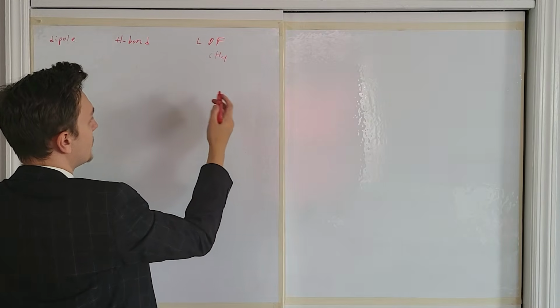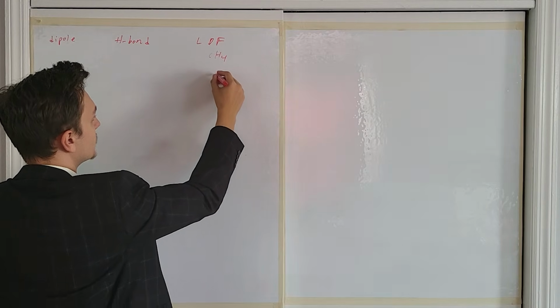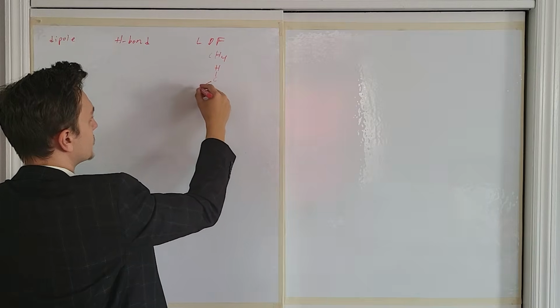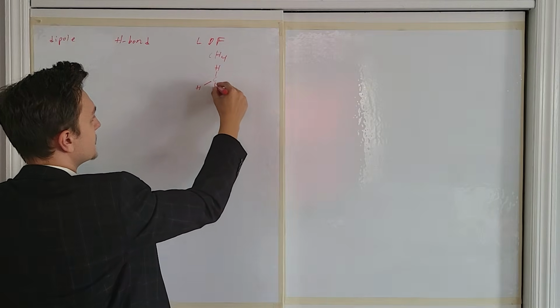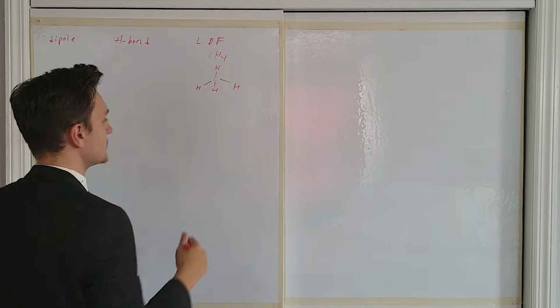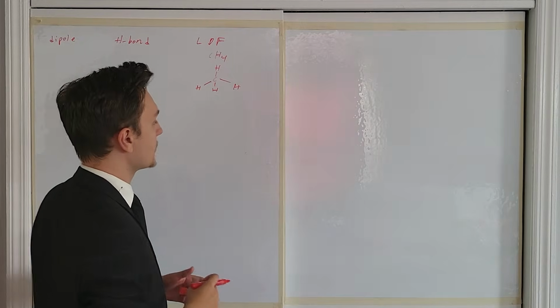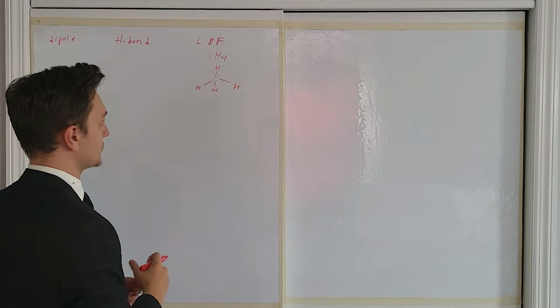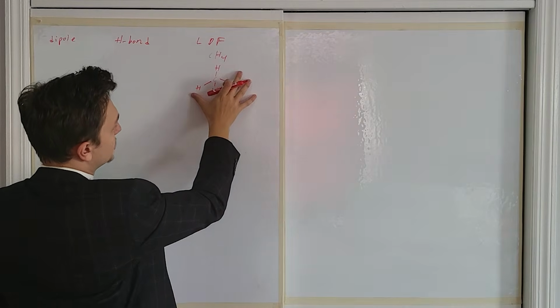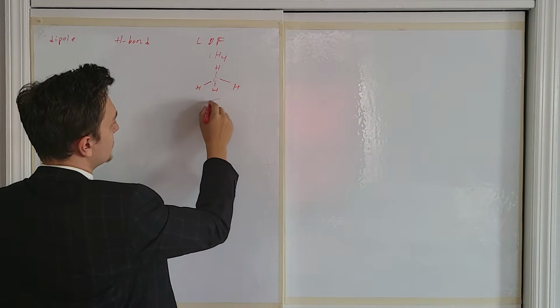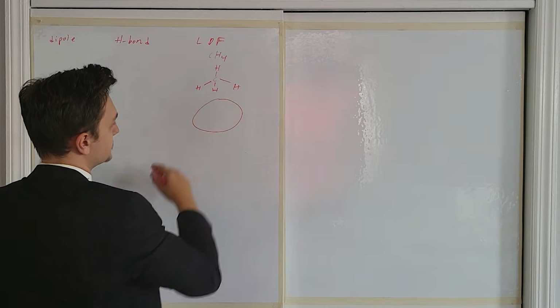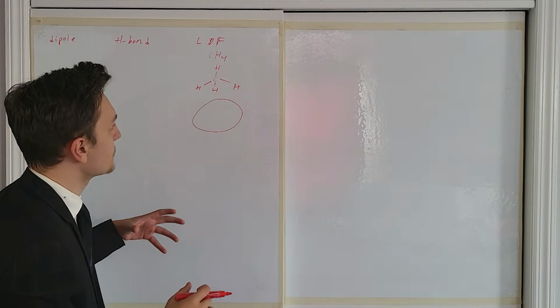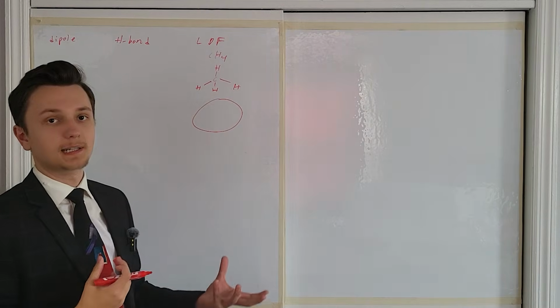If I were to draw my molecule of methane, it would be a tetrahedral shape. And if you don't know what tetrahedral means, I recommend you go watch the Vesper video where we go over different shapes of molecules. The molecule methane, if I were to represent it as a blob, this blob would represent its electron cloud.